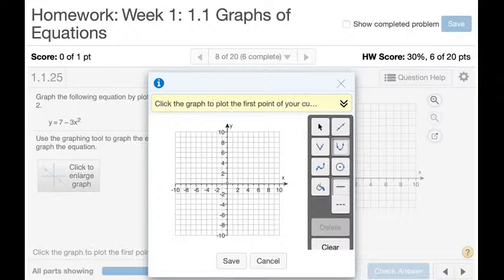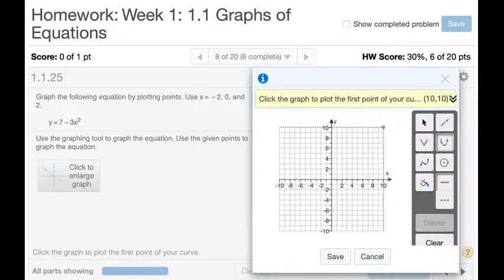So let's just do when x is 0. When x is 0, y is 7, right here. When x is negative 2, that's going to be 4, that's going to be a negative 12, that's going to be negative 5.